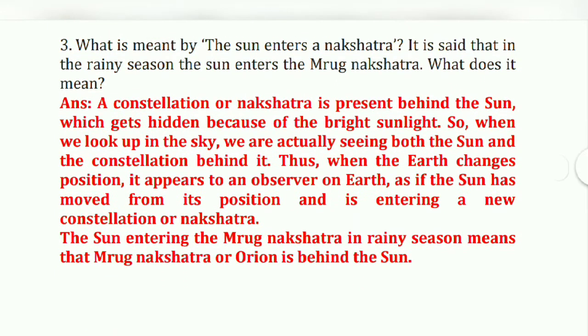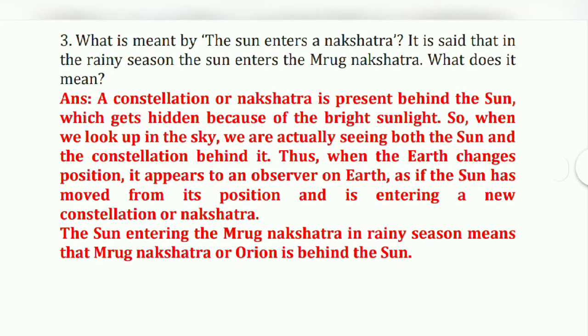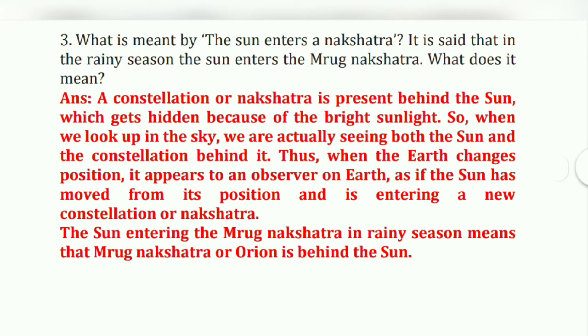Then next, what is meant by the sun enters a nakshatra? It is said that in the rainy season the sun enters the Mruga Nakshatra. What does it mean? So answer is, a constellation or nakshatra is present behind the sun, which gets hidden because of the bright sunlight. So when we look up in the sky, we are actually seeing both the sun and the constellation behind it.